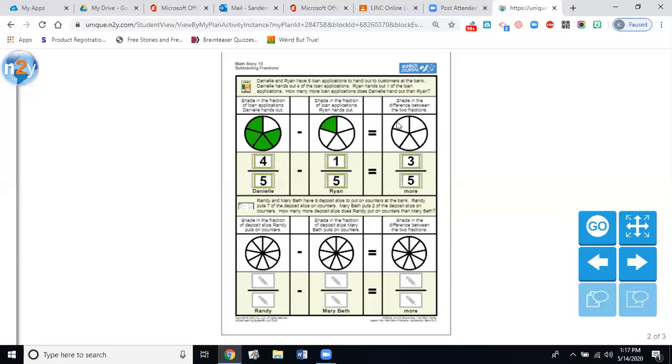Now let's go ahead and shade. So we're going to shade how many?